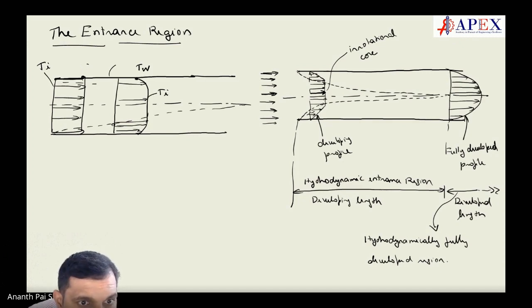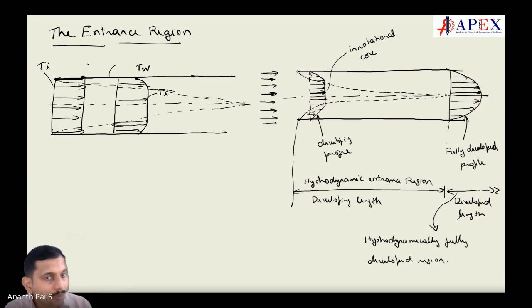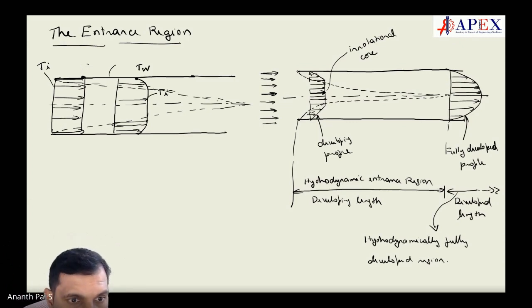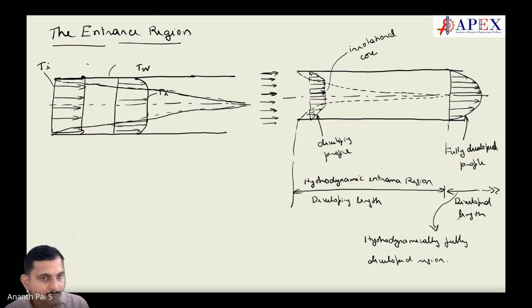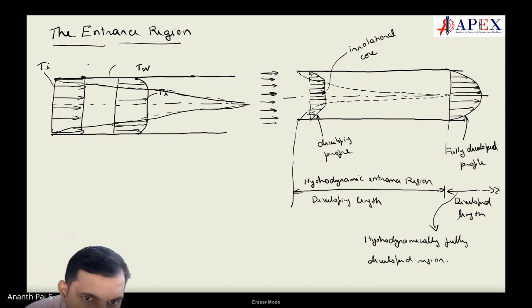This would be the thermal boundary layer. Not straight, it is curved.